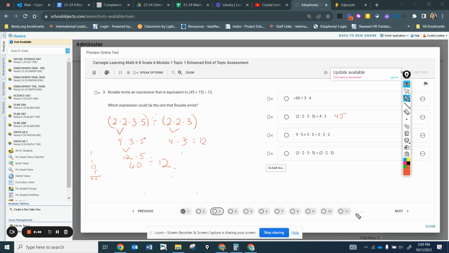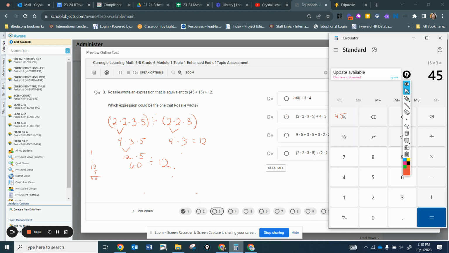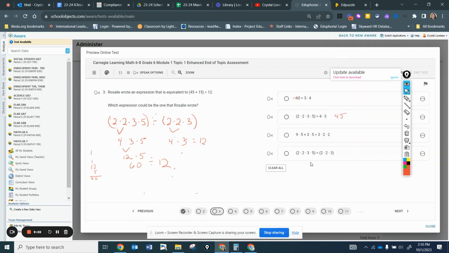That's looking like the last one was. So let's see if that is 5. 60 divided by 12 equals 5. So there's your answer. That's the one that when you write it all out, it's the one that's equal to this. Okay? All right, number 4.